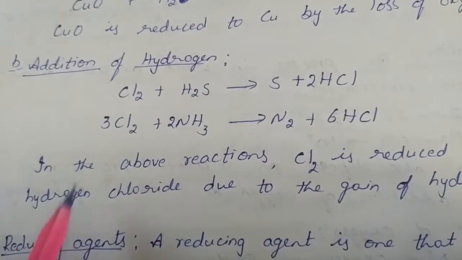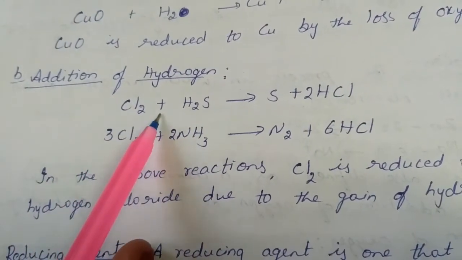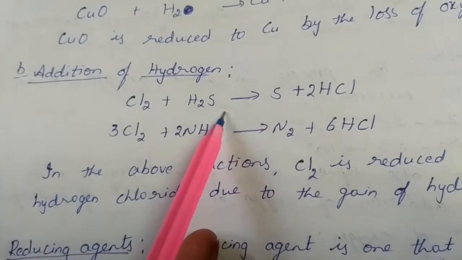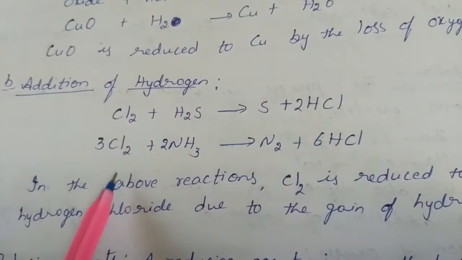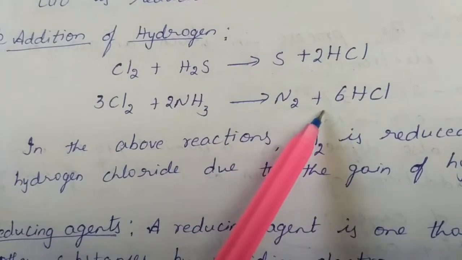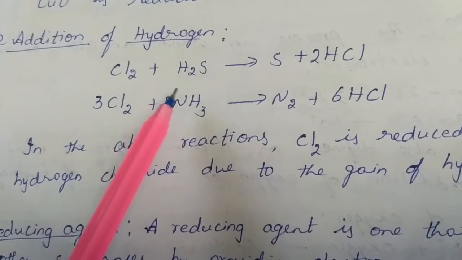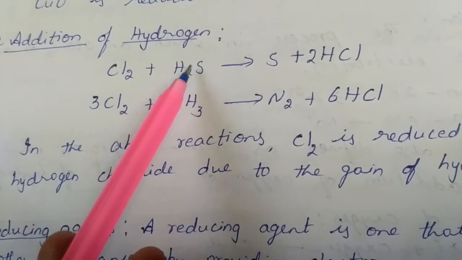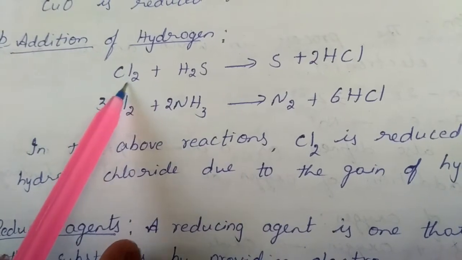And see the next one, addition of hydrogen. Chlorine plus hydrogen sulfide gives rise to sulfur and 2 HCl. And chlorine plus 2 ammonia gives rise to nitrogen and 6 HCl. In both cases, hydrogen is added to the respective chlorine.